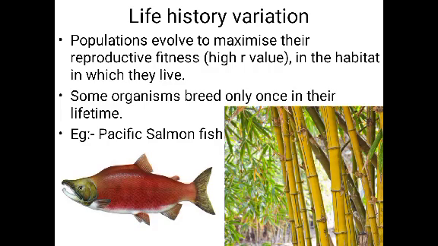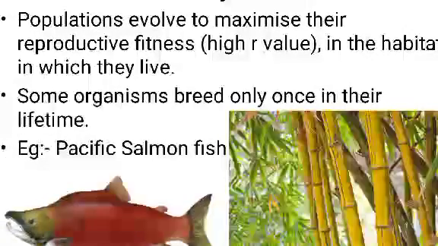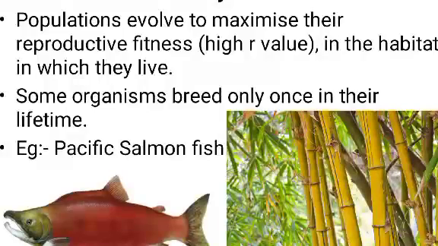The populations evolve to maximize their reproductive fitness, which we can also say as the Darwinian fitness or having a high r value. Okay, always the population will be evolving to maximize their reproductive fitness.